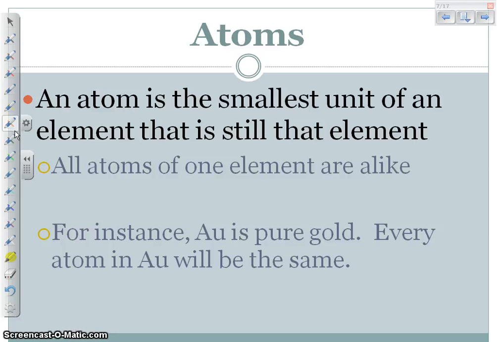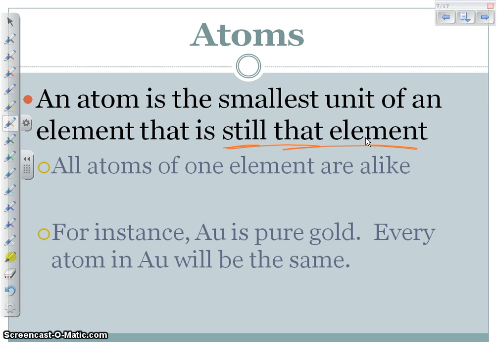So for instance, if I had a chunk of gold in my hand, an atom is going to be the very smallest form of that chunk of gold that will still maintain the same properties of brittleness, or malleability, or shininess, or melting point and boiling point, etc. Once we break down further than an atom, and there are things that make up atoms, and we'll talk about those in Unit 2, they do not anymore have the same properties. So an atom is going to be the smallest part that maintains the same properties of the element itself.